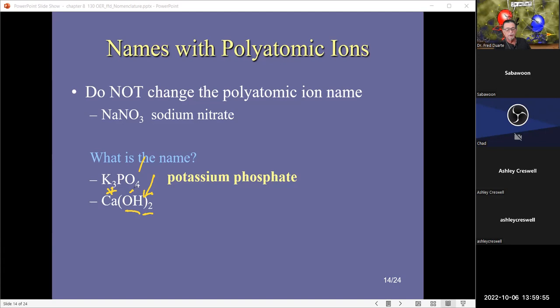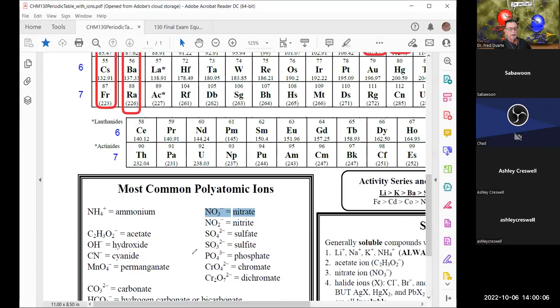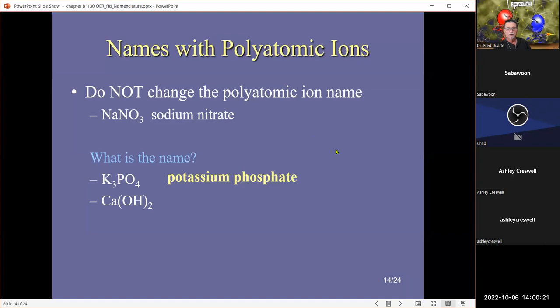So there's 2 of them to give me a total -2, right? So I go to the polyatomic ion table, look for the OH, must be -1. Sure enough, here we go, right here. And that is called the hydroxide, okay? Hydroxide polyatomic ion. And so now I can name this as calcium hydroxide.